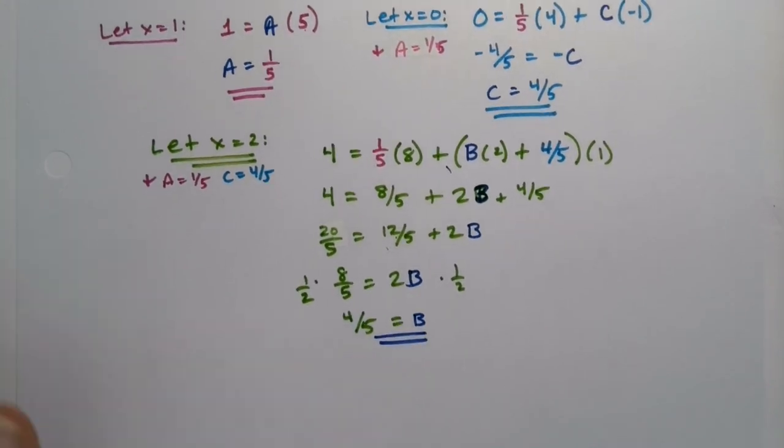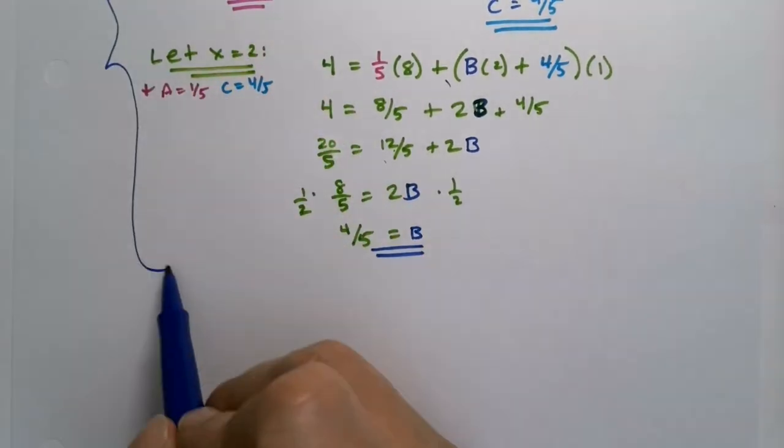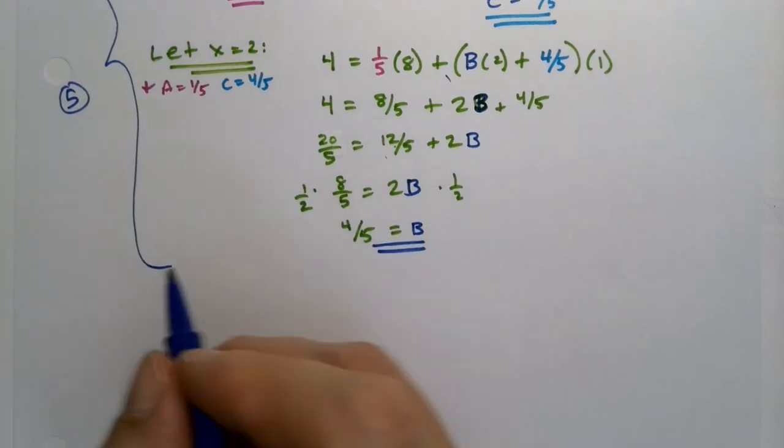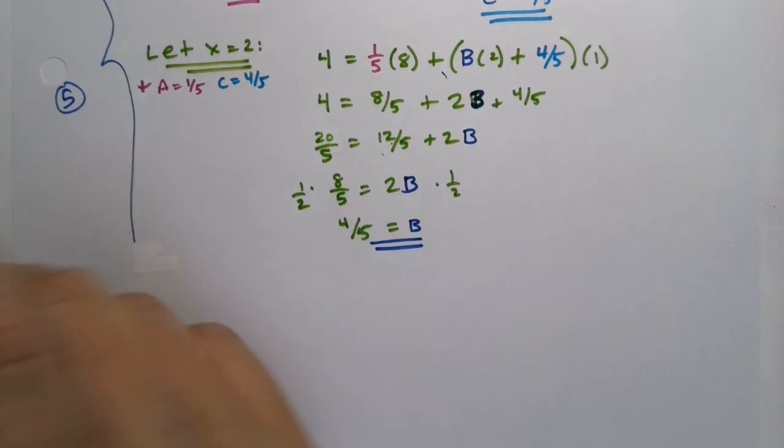All right, so I have all my values. Wonderful. Now it's time to rewrite my integral. So all of this work was step 5. Step 6, I'm going to rewrite the integral. I'm going to give myself some space here.